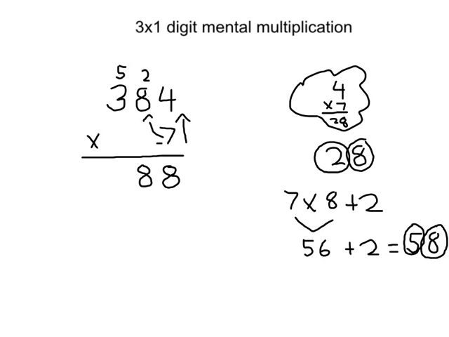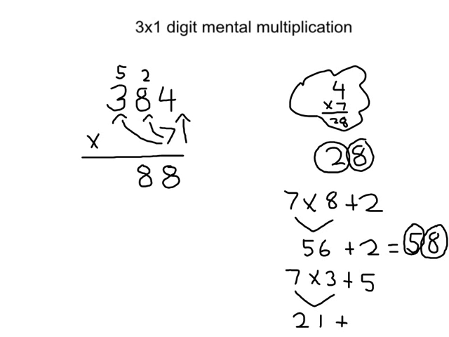So, in our final step, we're going to be doing 7 times 3. And of course, we have to think in our head that it's actually 7 times 3 plus 5. So, the first thing we do, 7 times 3, that is 21.